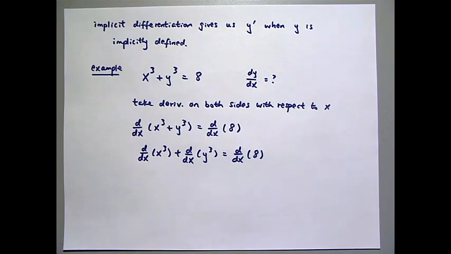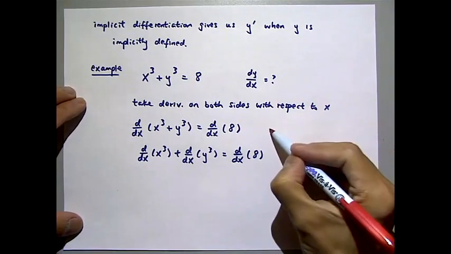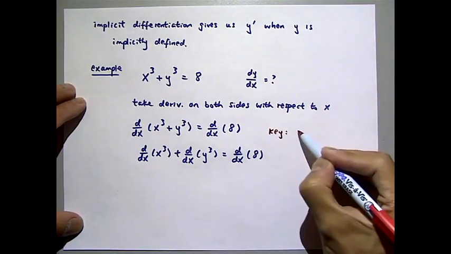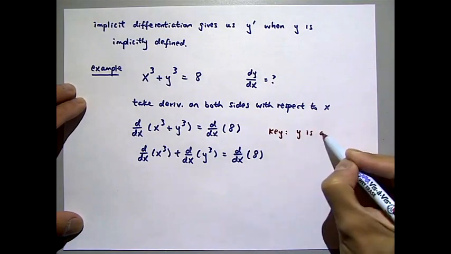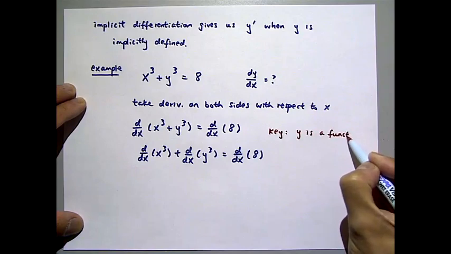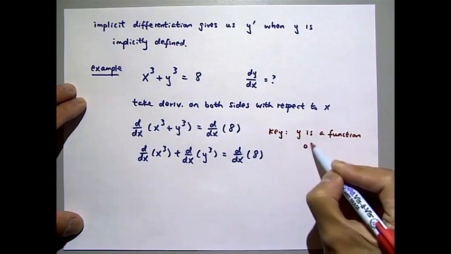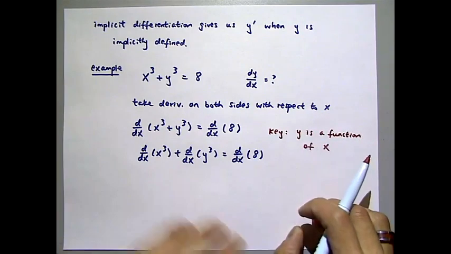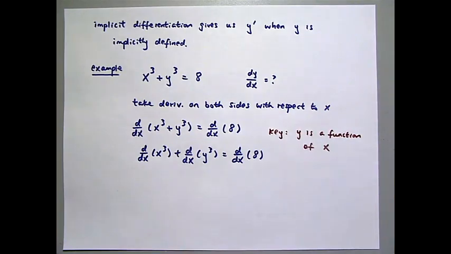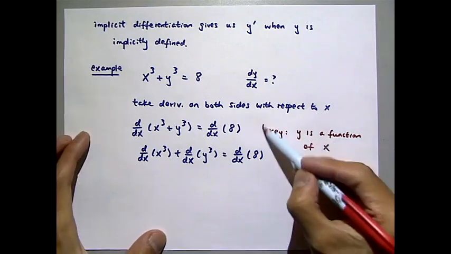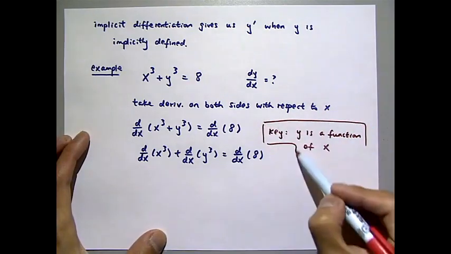Okay, now here's the key step. You have to remember that y is a function of x. So y is really something to do with x. We don't know what it looks like necessarily, but we know it has to be something that depends on x.